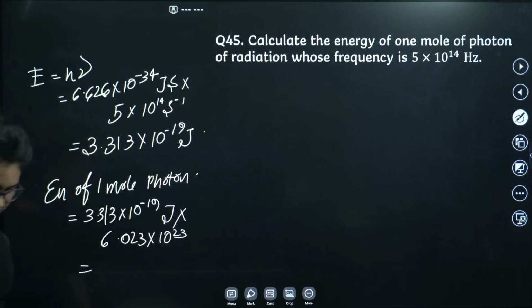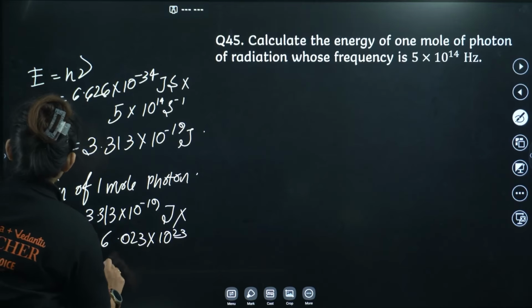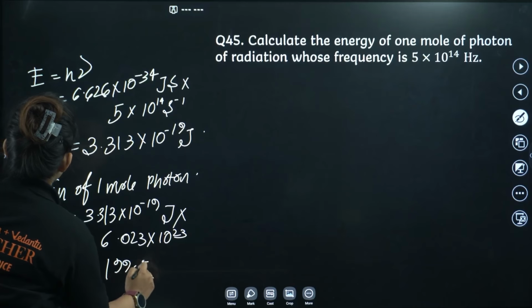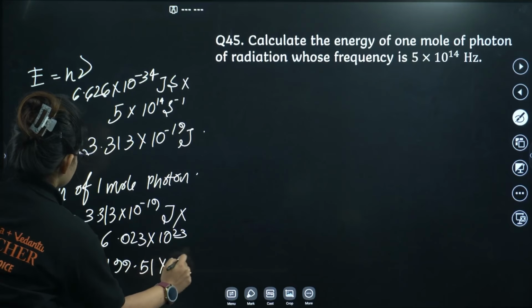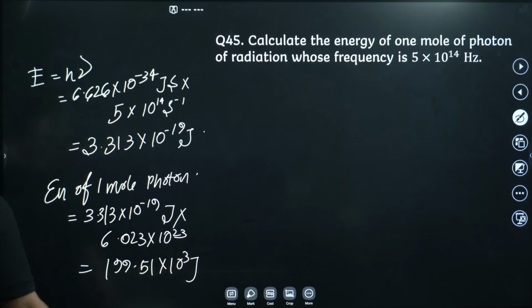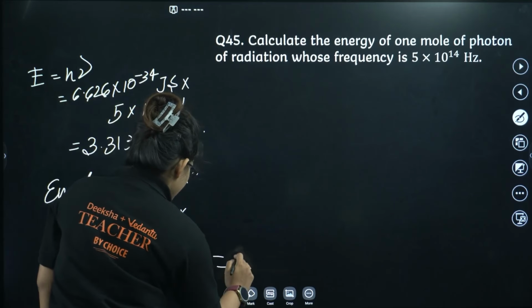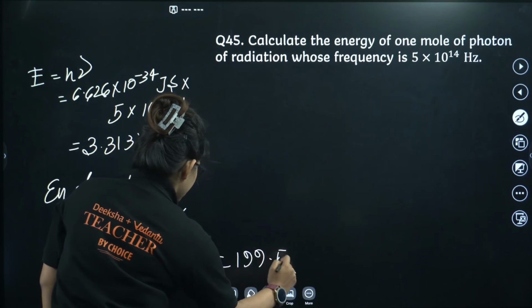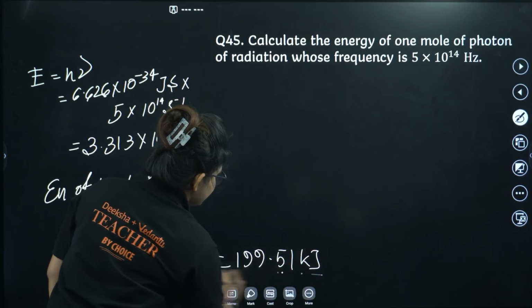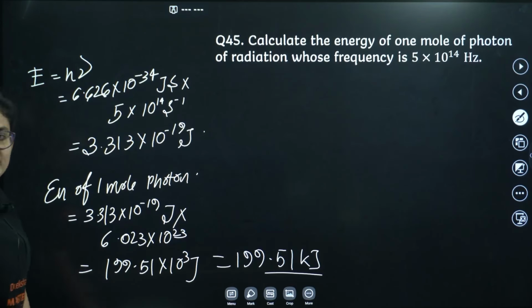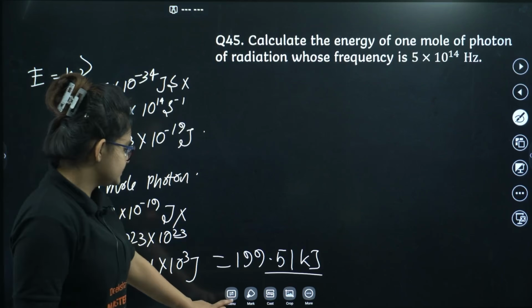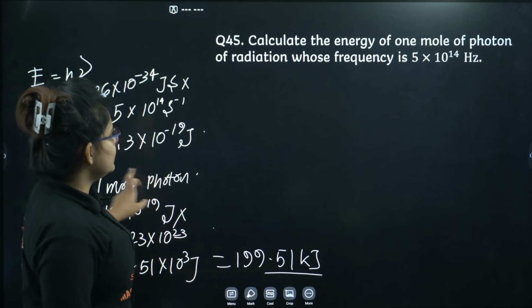If you calculate this, it will come up to be something like 199.51 into 10 cube joule. From here I can write 199.51 kilojoule. That is the answer. Okay, I guess this is clear to you. So let's proceed with the next question.